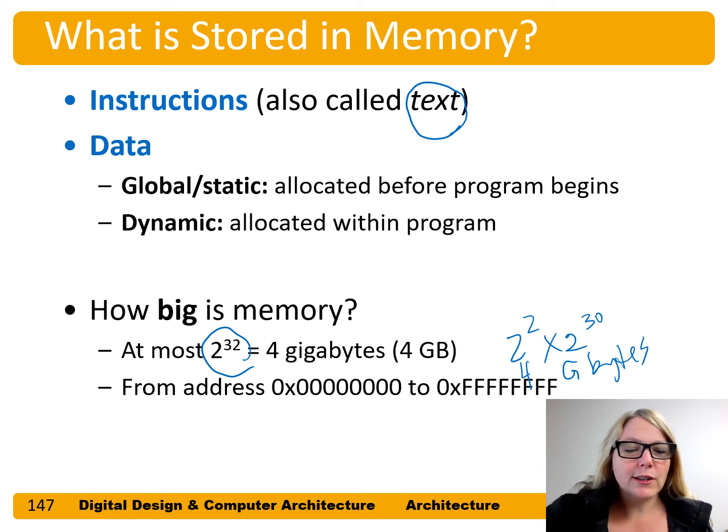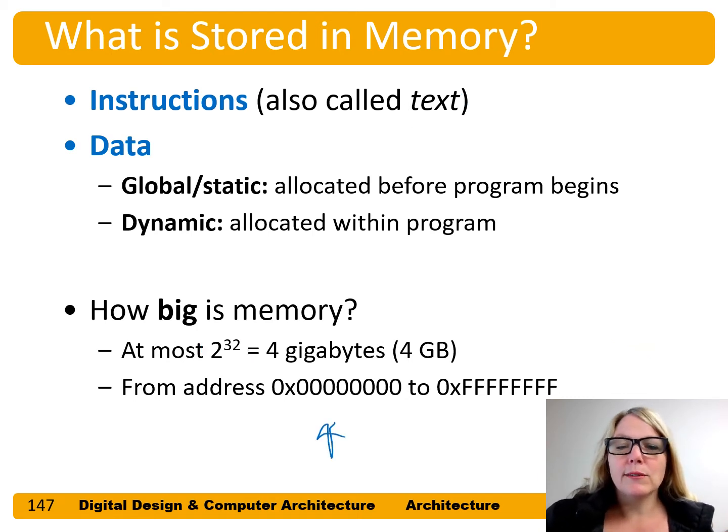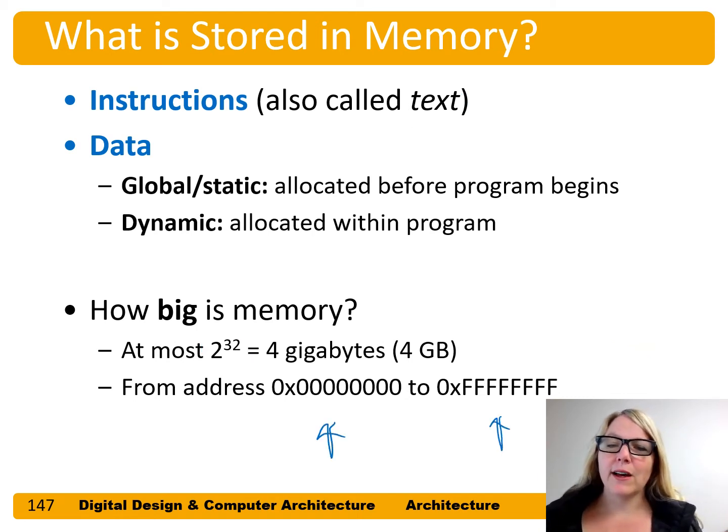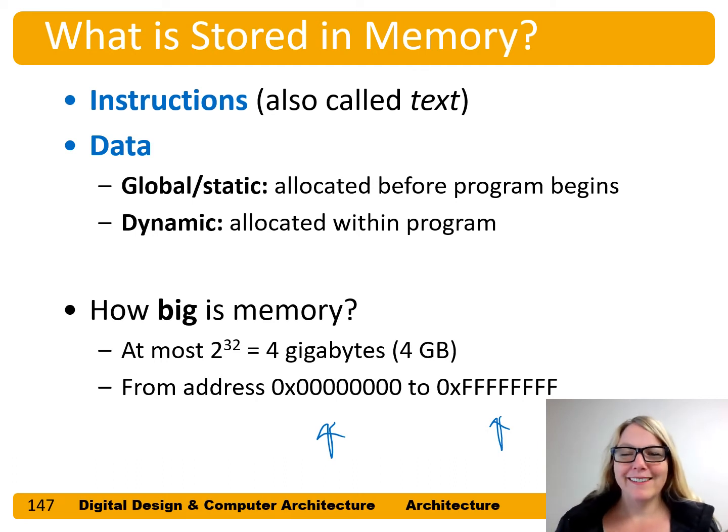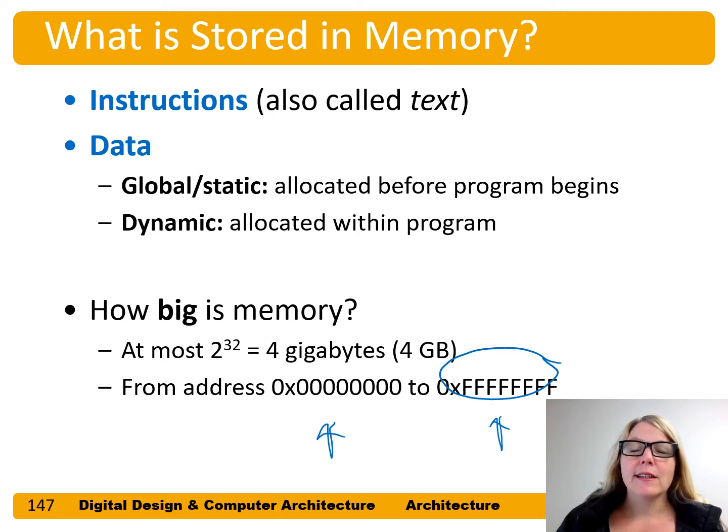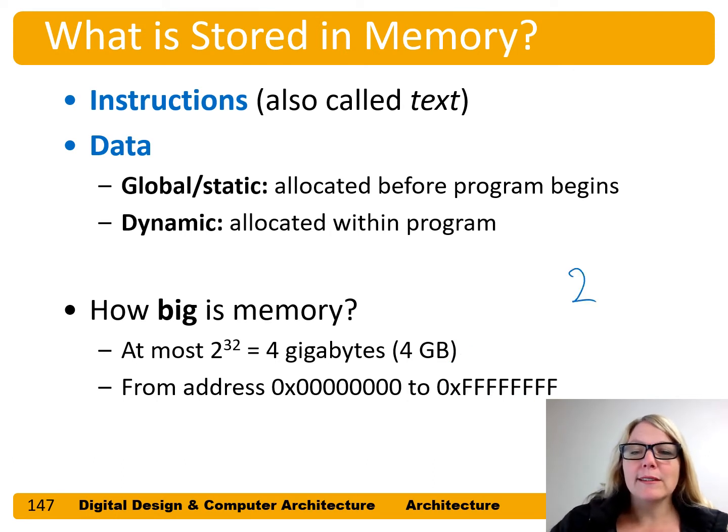So we can address from byte address all zeros to address hex FFFFFFFF, all Fs in our 32-bit address space. So this is one of the reasons why there's been a push for 64-bit processors operating on 64-bit addresses, so we can access up to 2 to the 64 bytes of data instead of just 2 to the 32.